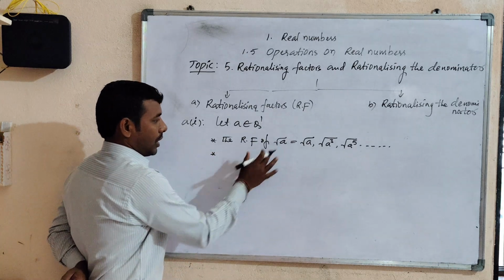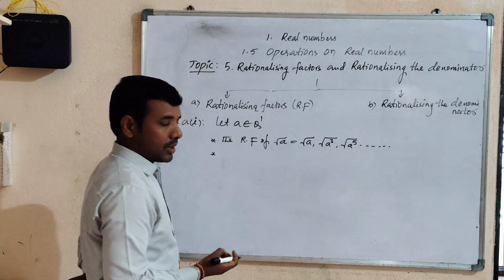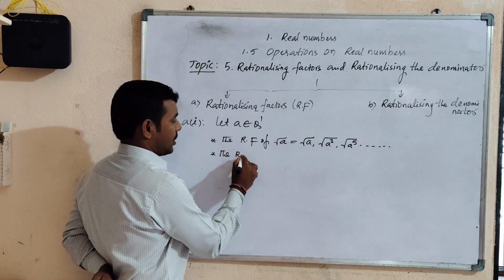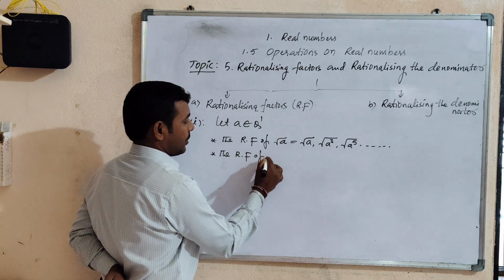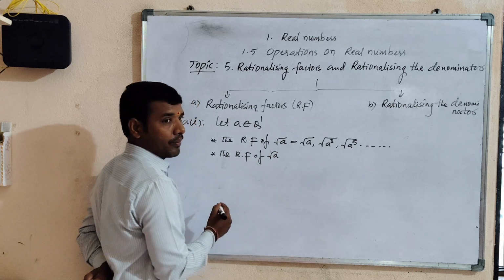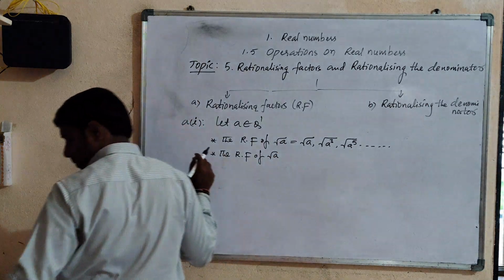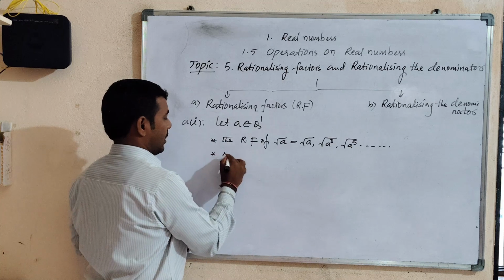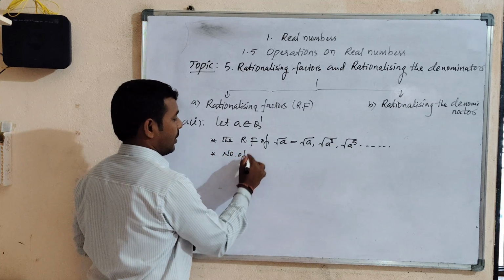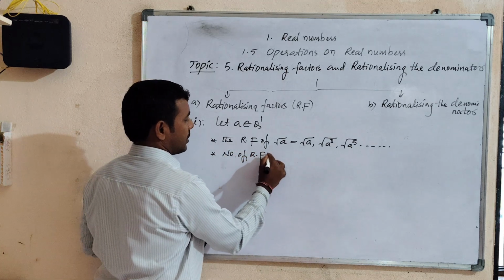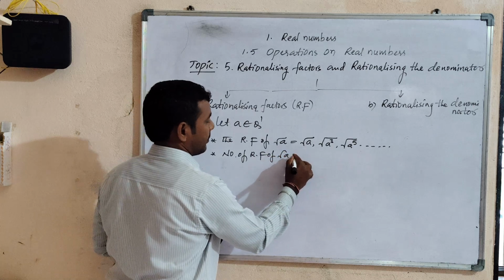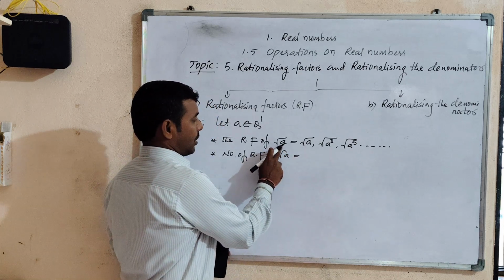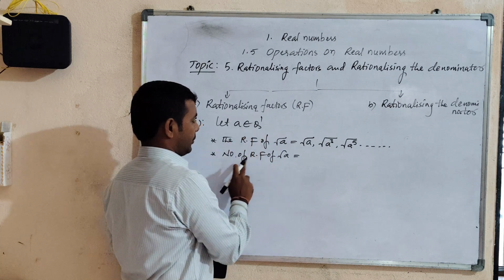Through this, I want to raise some statements. The number of rationalizing factors of square root of A. Square root A is an irrational number.